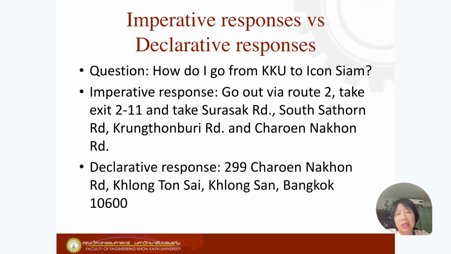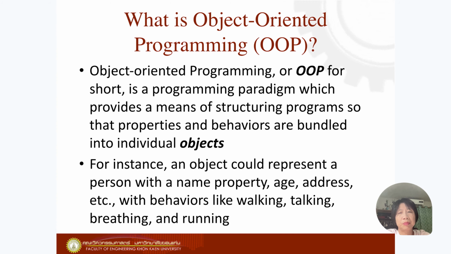But if we use the declarative paradigm, the response would be, oh, Icon Siam is at 299 Charoen Nakhon Road, Khlong Ton Sai, Khlong San, Bangkok. So with the declarative paradigm, it just tells the goal, right? The place that we actually want to go, but we don't specify how to go there like the imperative paradigm.